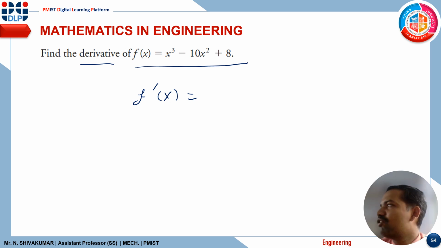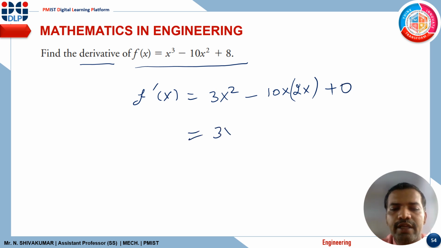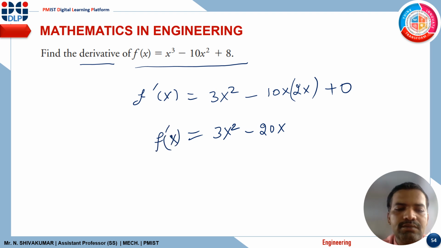When we differentiate x cube, what is the value? 3x square minus 10 into x square becomes 2x, 2x into 10 becomes 20x, plus 8 becomes 0. Okay, so these things you know already. 3x square minus 20x. This is f dash of x.